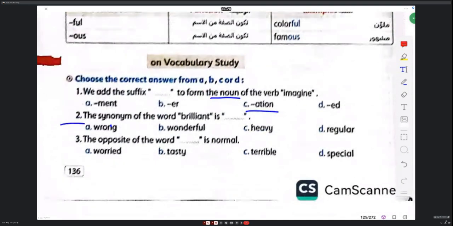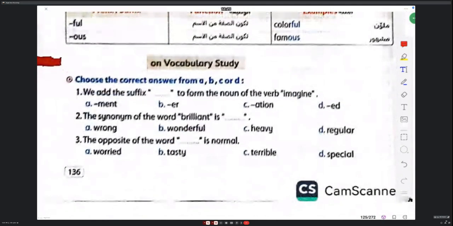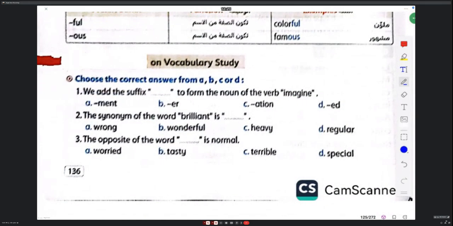Yes. The opposite of the word is normal. Special. Normal, special, yeah.